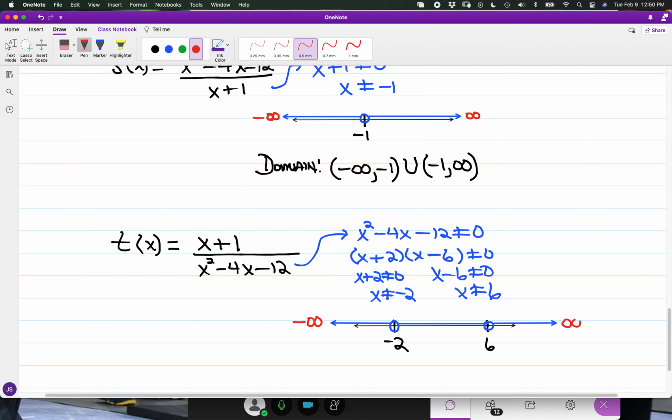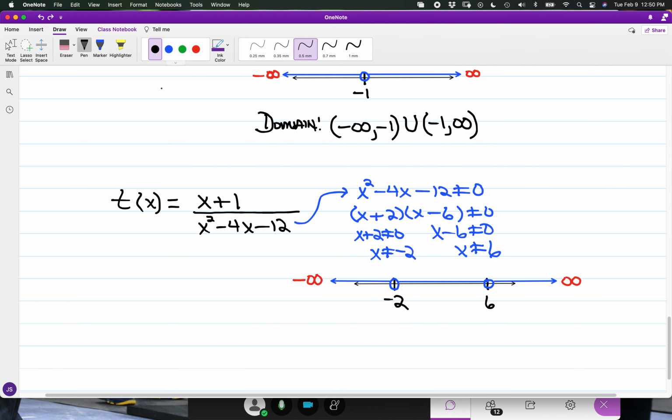All right, so we have two exclusions from the domain. That means that in interval notation, we're going to have 3 subinterval sections. First, for the smallest set of values, from negative infinity approaching -2.